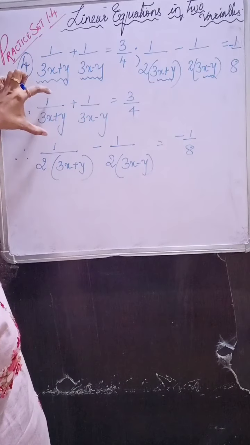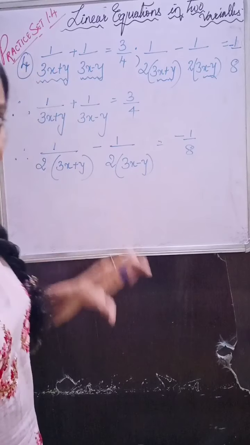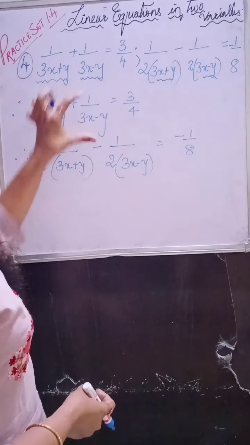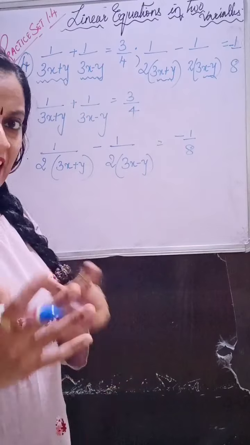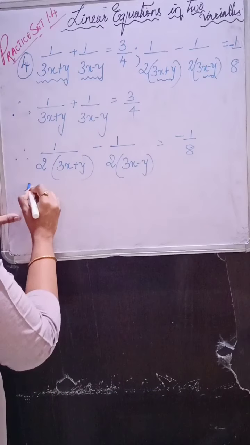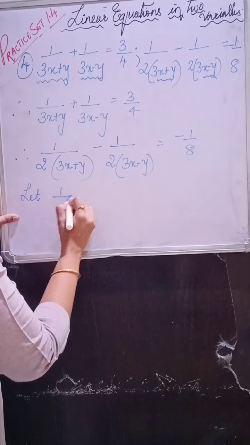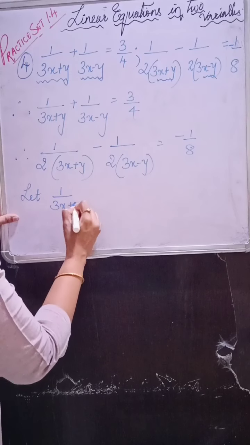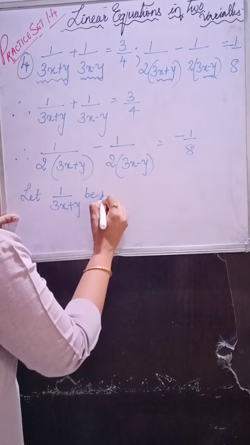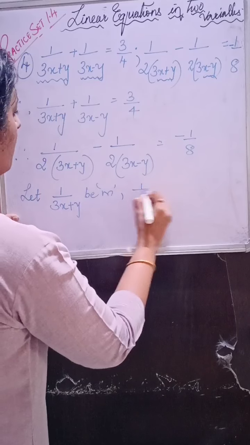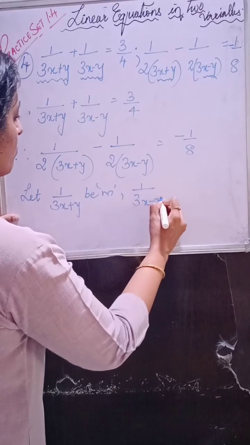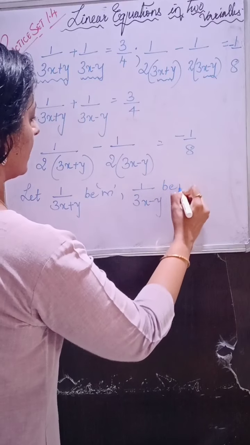Let us substitute 1 upon 3x plus y as m and 1 upon 3x minus y as n. So, we will write, let 1 upon 3x plus y be m and 1 upon 3x minus y be n.